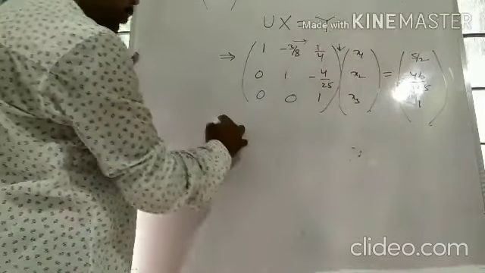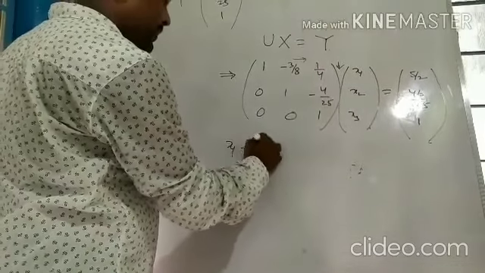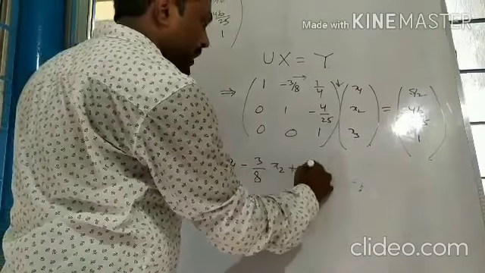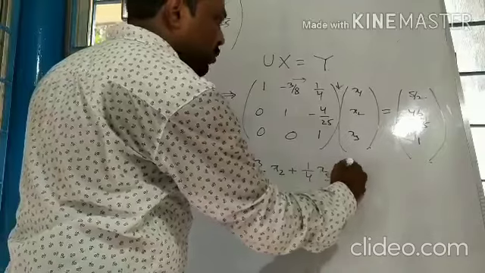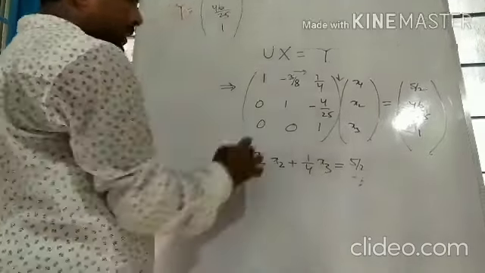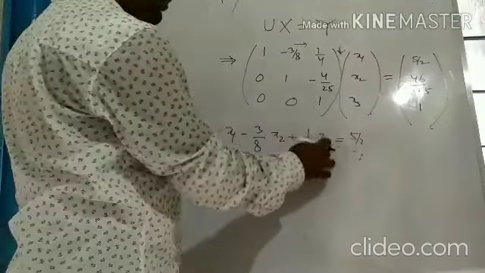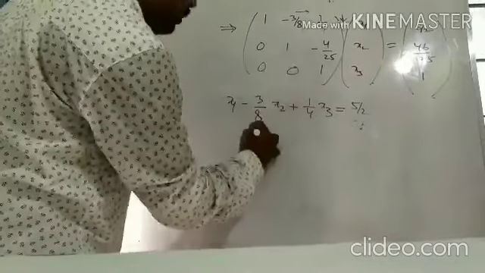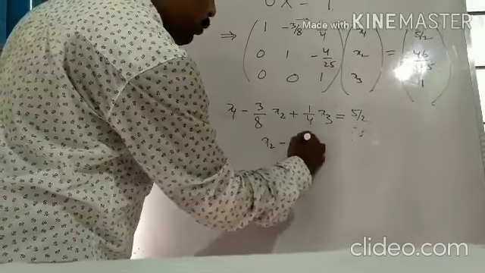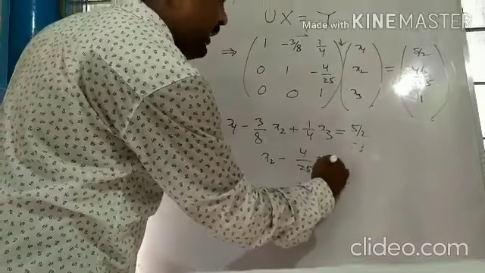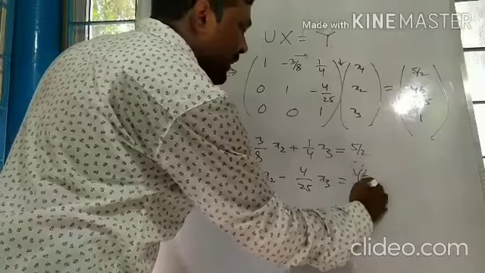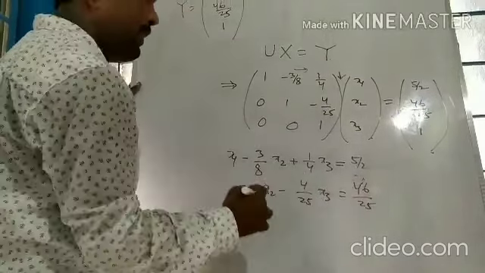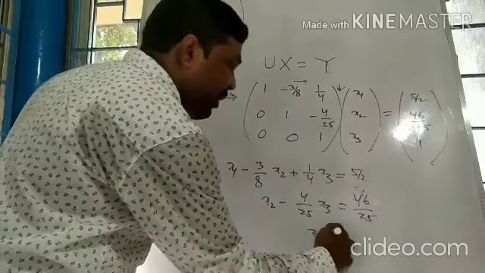So x1 minus 3 by 8 x2 plus 1 by 4 x3 equals 5 by 2, x2 minus 4 by 25 x3 equals 46 by 25, and x3 equals 1.